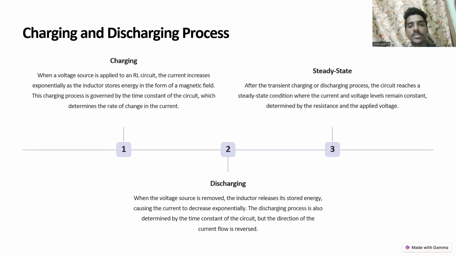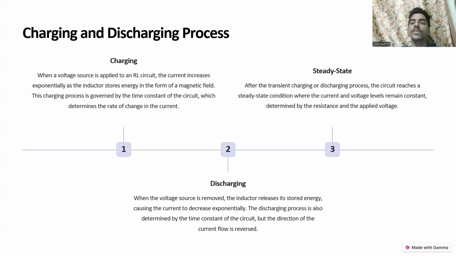This charging process is governed by the time constant of the circuit, which determines the rate of change in the current.